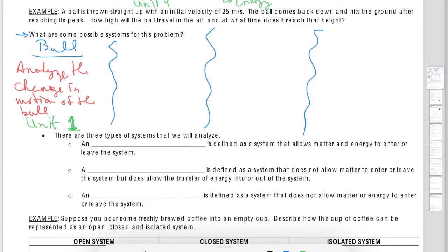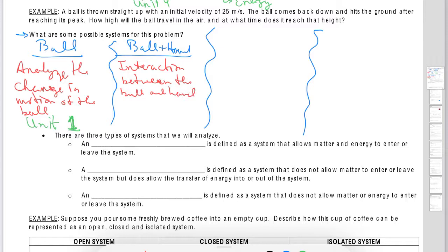The second system would be a ball in hand. When you look at that, you're really looking at the interaction between the ball and the hand. You may be asked how much force there was, or what's the acceleration of the ball, and this is more along the lines of Unit 2.